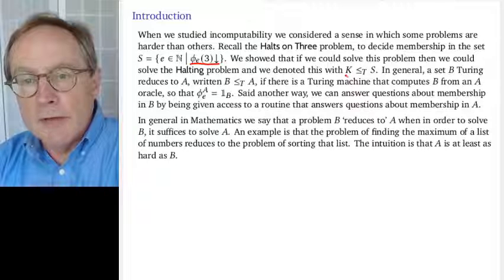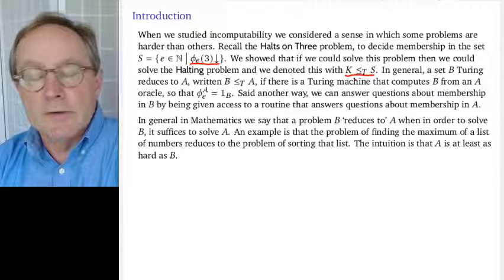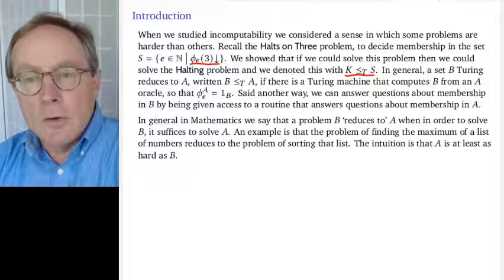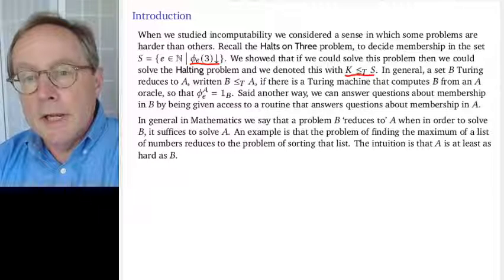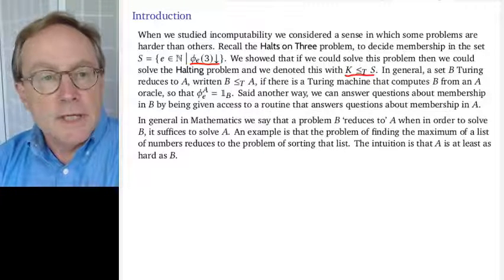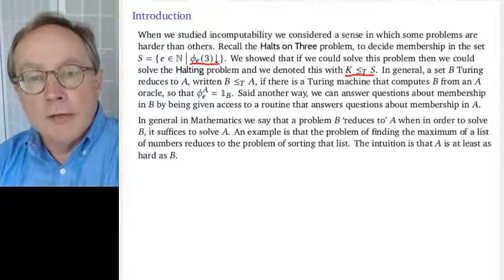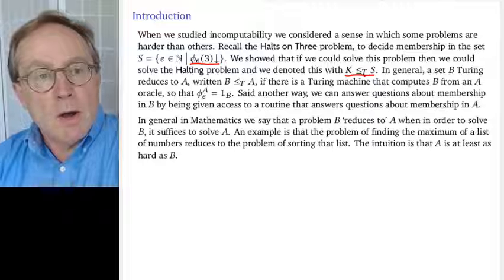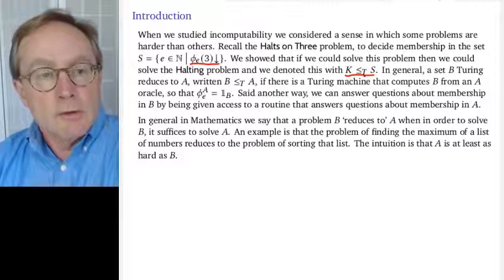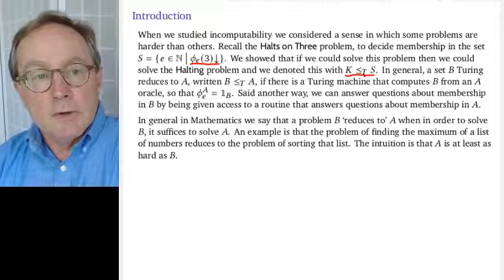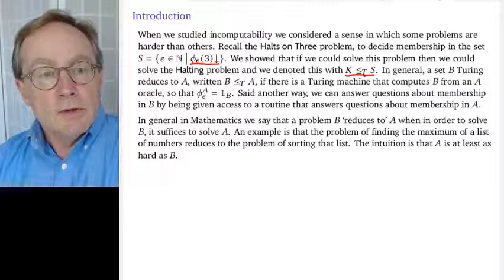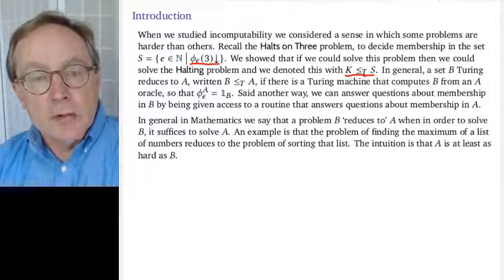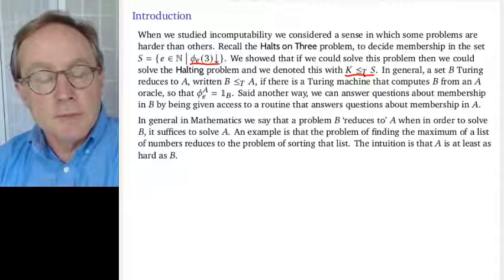So we denoted that with a less than sign: K, the halting problem, is less than or equal to sub T, T stood for Turing, S. In some sense, S was a greater than or equal to problem. Knowing S tells you at least as much as knowing the halting problem.